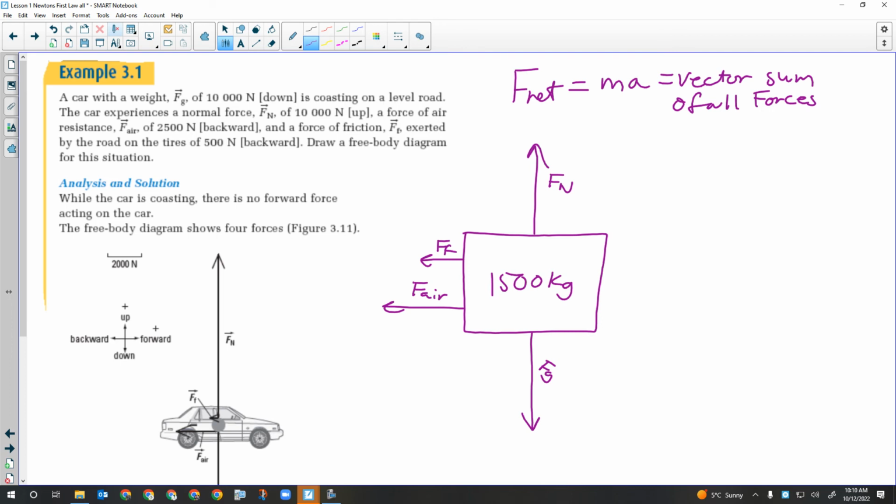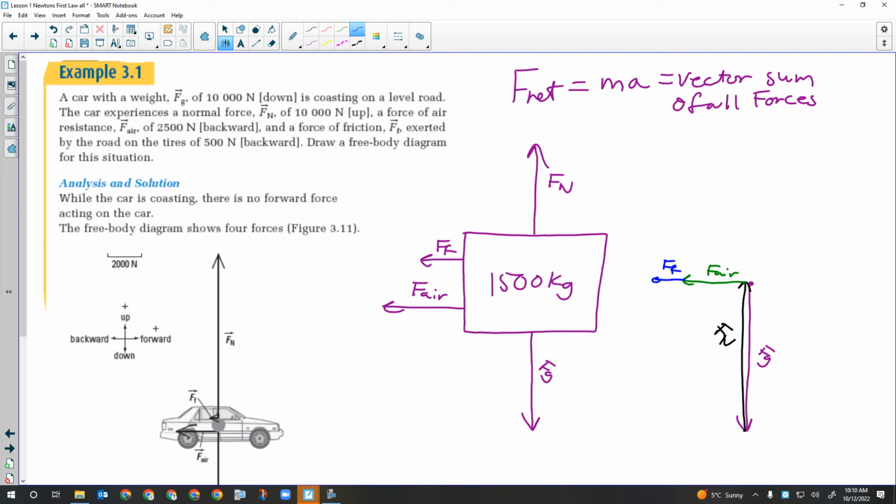If I did, the vector diagram would look like this. That would be the force of gravity. That would be the normal force. This would be the force of air resistance. And that would be the force of friction.